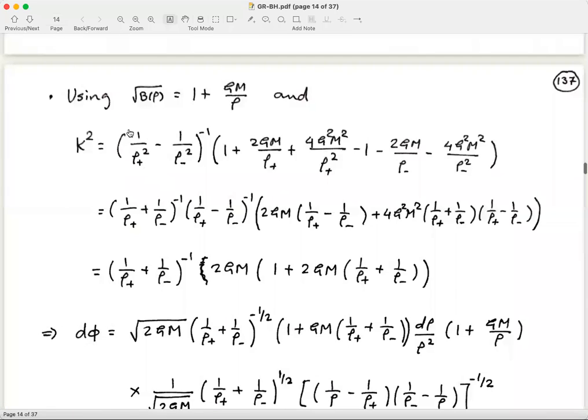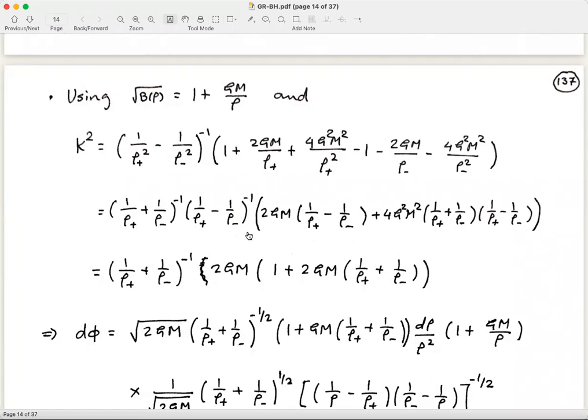So you have this term, 1 over a plus minus 1 over a minus. We know how to simplify this expression: collect terms which are linear in GM, collect terms which are quadratic in GM.